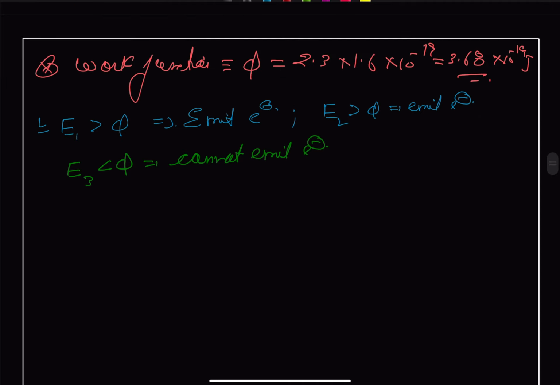Which basically means that only lambda 1 and lambda 2 contribute to the electron emission.